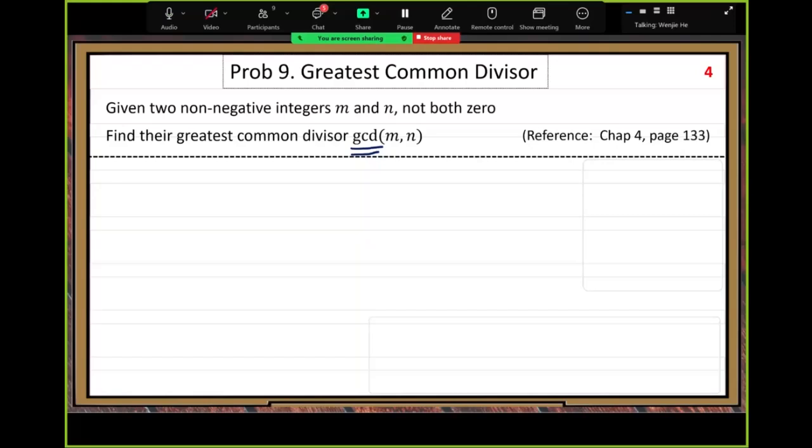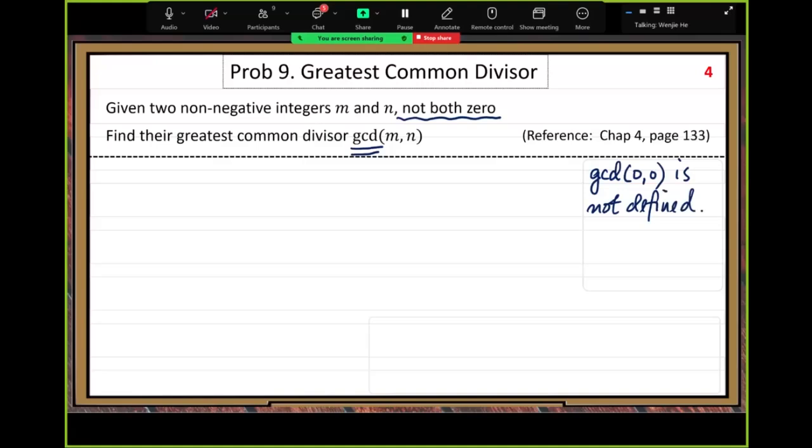To understand the problem, first, why not both 0? The reason is simple: if both are 0, then the function is not defined. That means GCD of 0, 0 is not defined.